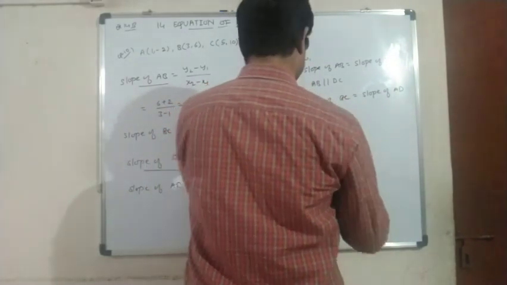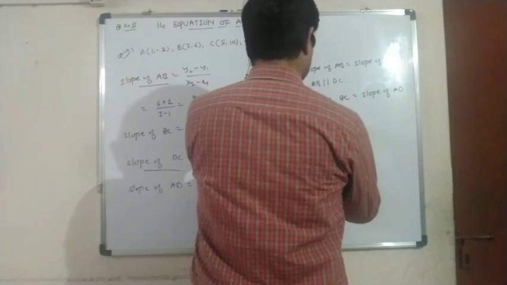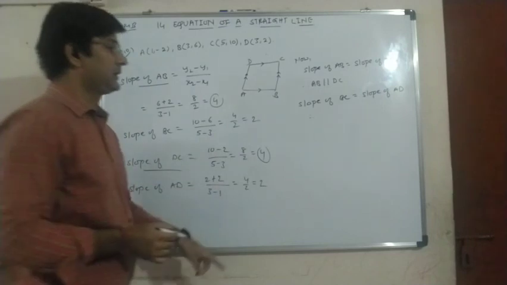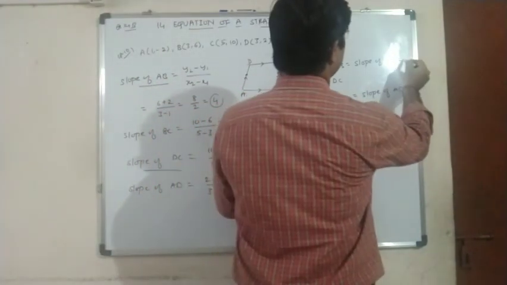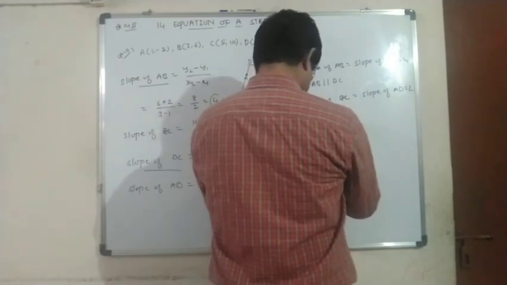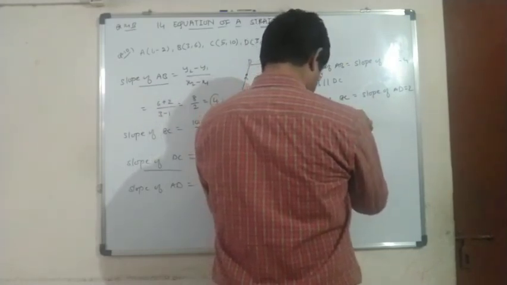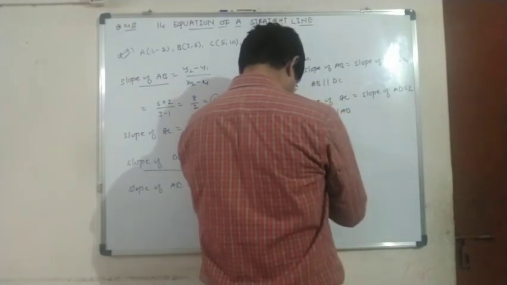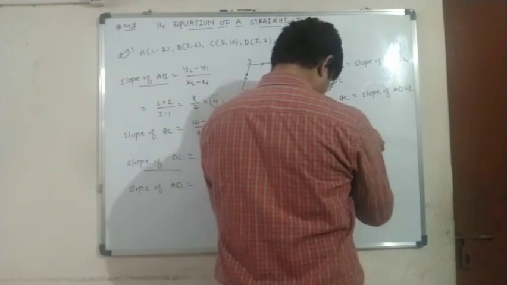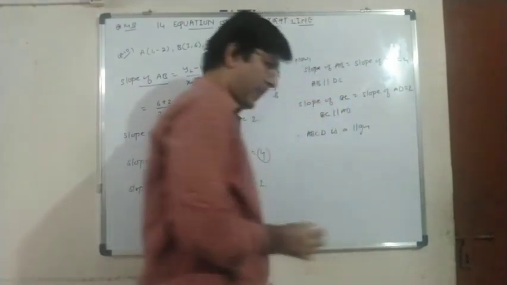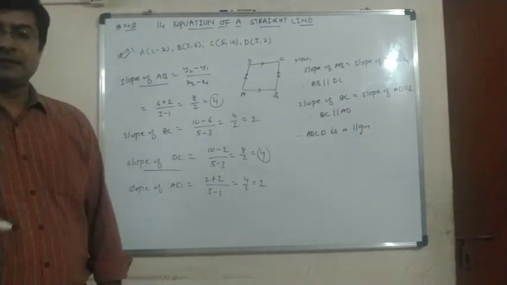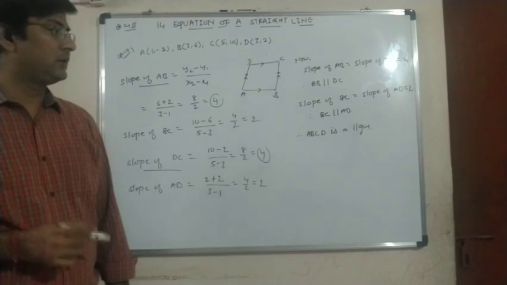Therefore, both are equal, 2 and 2, yes or no? And therefore we will write down, this is equal to 4 and both these values are equal to 2, and therefore BC is parallel to AD, and therefore we can write down ABCD is a parallelogram, because we know that in a quadrilateral, if two pairs of opposite sides are parallel, then that quadrilateral is called a parallelogram.